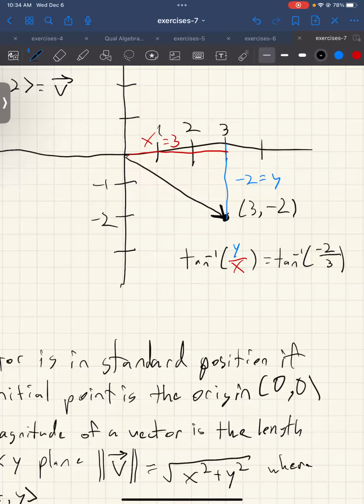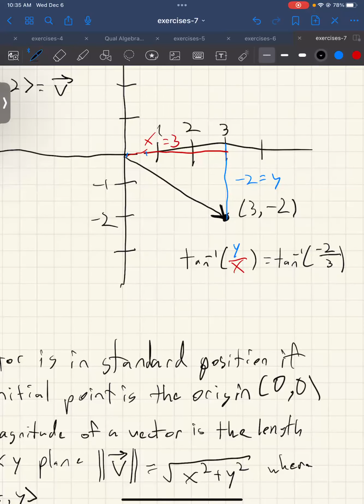Well, hold on. In that last example, it gave us this really nice angle right here because we were in quadrant 1. But tangent inverse doesn't give angles that are always positive, does it? Tangent inverse has those weird conditions with its restricted domain.